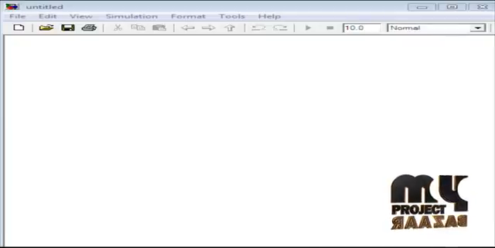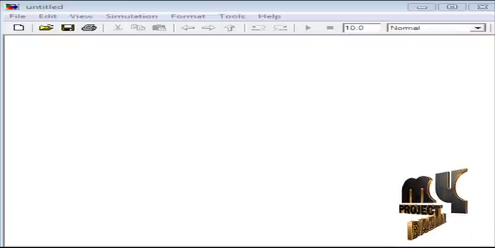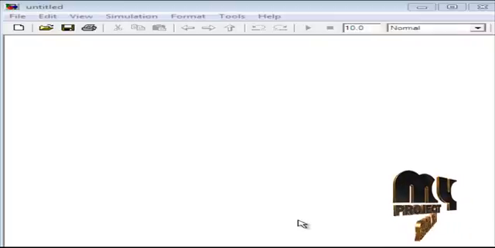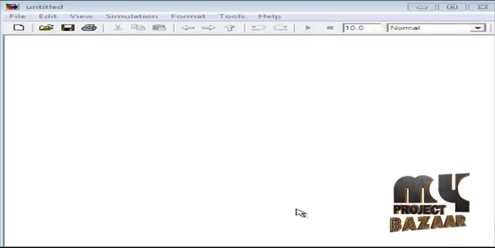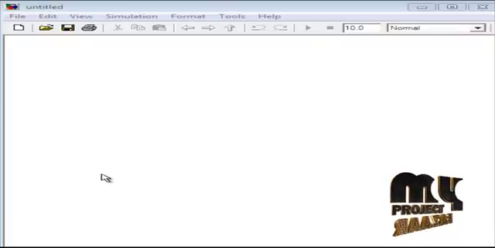Now we are going to discuss the running procedure. Our product is developed by MATLAB simulation, the simulating tool. With this tool we develop the DC to DC converter model.